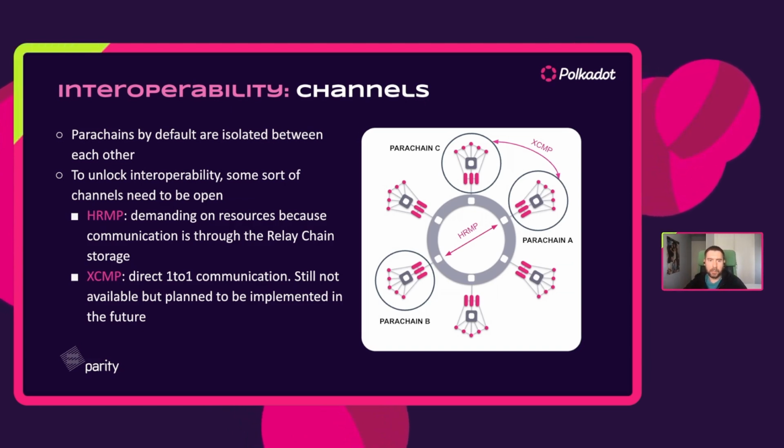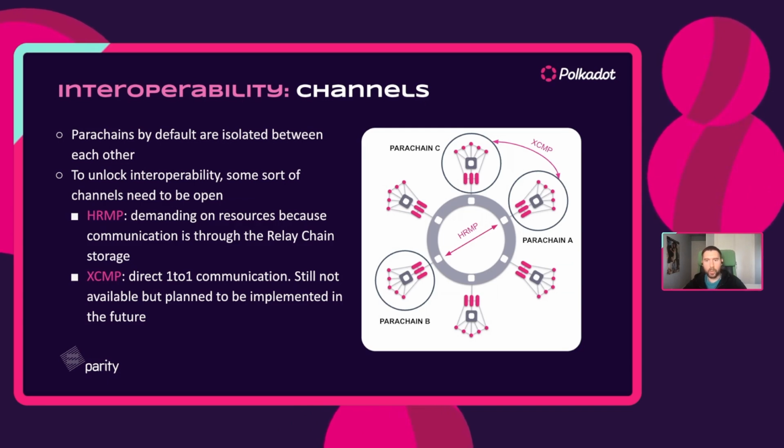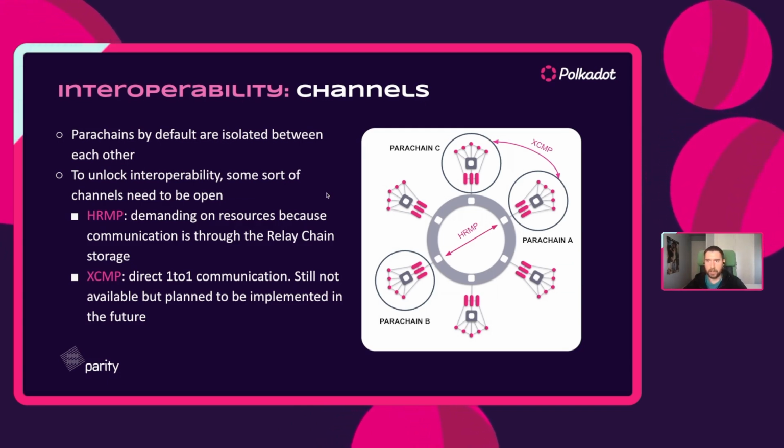The other mechanism would be XCMP. This is not yet implemented, but it will happen in the future. It's a direct one-to-one communication between parachains bypassing the relay chain.